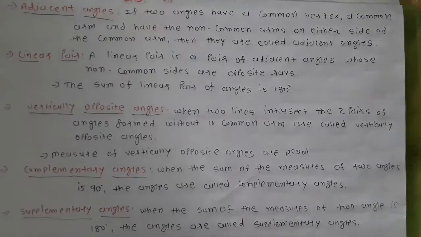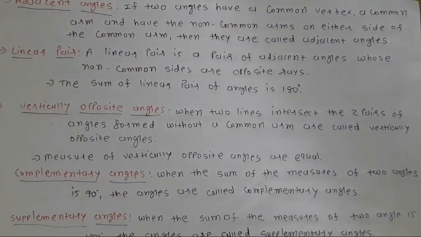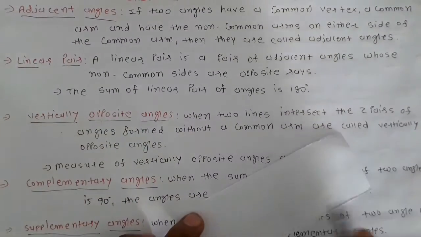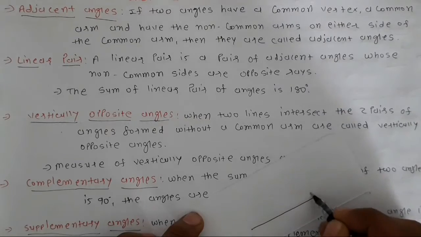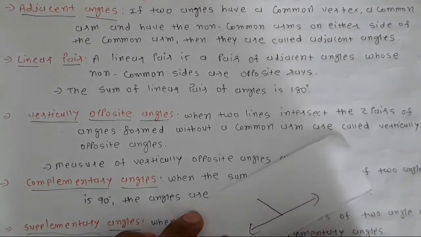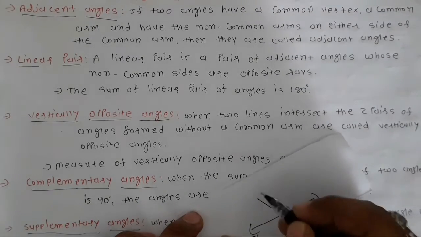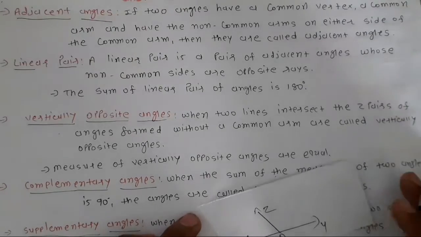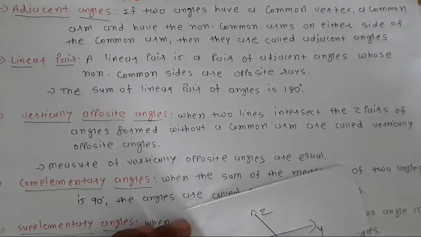Now for the next topic, linear pair. A linear pair is a pair of adjacent angles whose non-common sides are opposite rays. The sum of the angles in a linear pair is 180 degrees. For example, line XY is there, this one is my O, and this ray is Z. Here we can see a linear pair of adjacent angles.